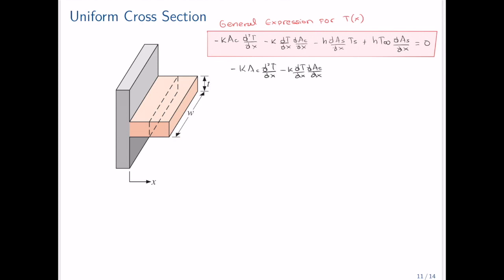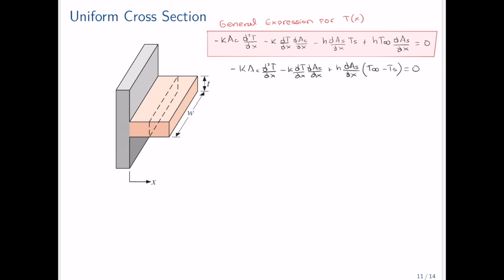And now these two terms together will be h plus h multiplied by dAs/dx, as a factor of T infinity minus Ts. And this should be equal to 0.